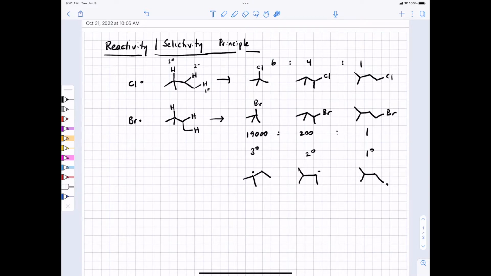In terms of radical stability, we think of radicals as being electron deficient, so the tertiary radical should be more stable, either because of hyperconjugation or because of electron donation by the neighboring alkyl groups. And the primary radical is going to be less stable.